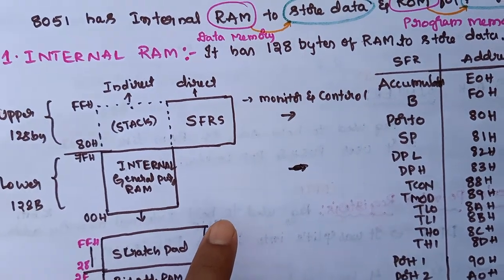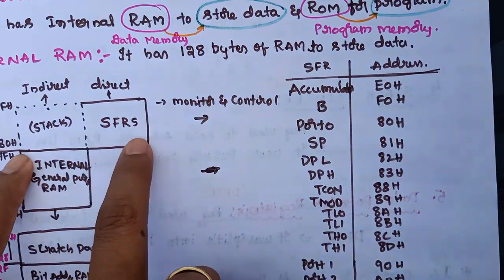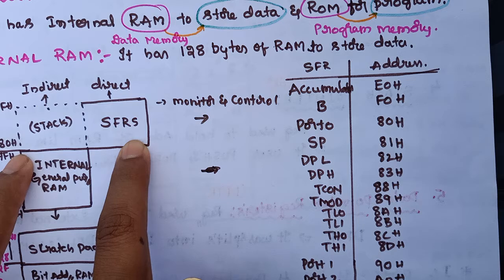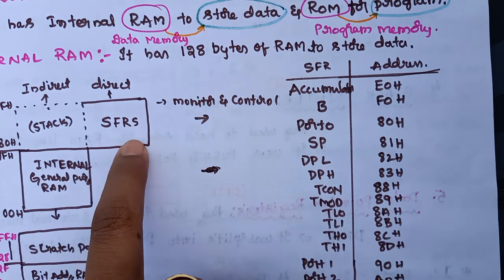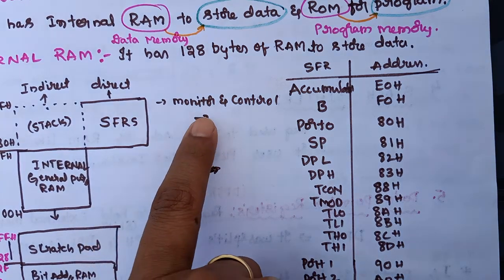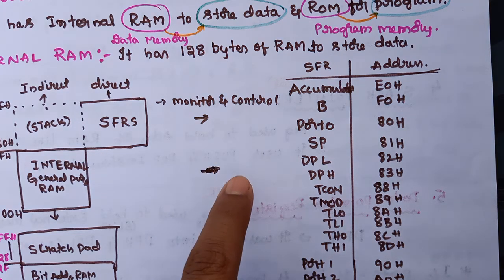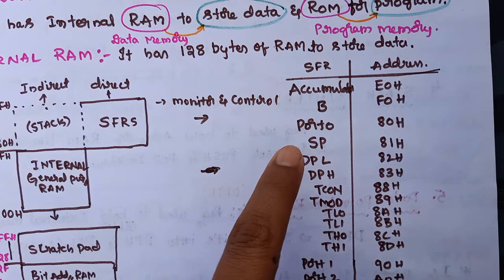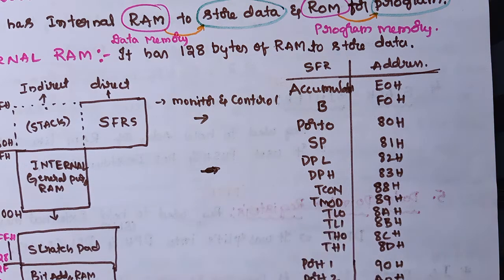The special function registers, for stack operation or special function operation, can be accessed by direct addressing mode. We need to directly specify the location. We can fetch nearly 21 of the locations from 80 to FF. We are frequently using these common 21 registers, so those special function registers I mention here.